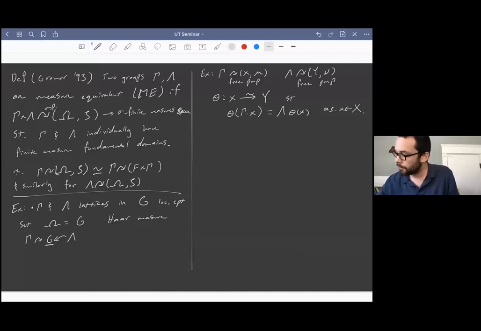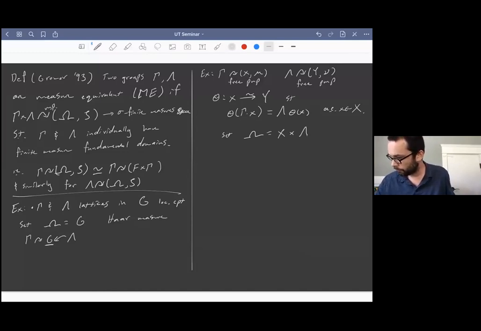In this case, you can set omega to be X direct product lambda. And how does lambda act on this? Well, lambda acts just on the right, acting on itself. So it's very trivial, and you see that it has a fundamental domain which is given by X. But how does gamma act on this?